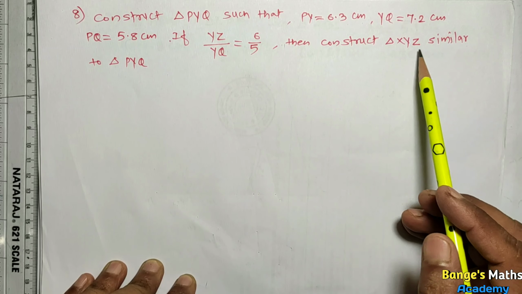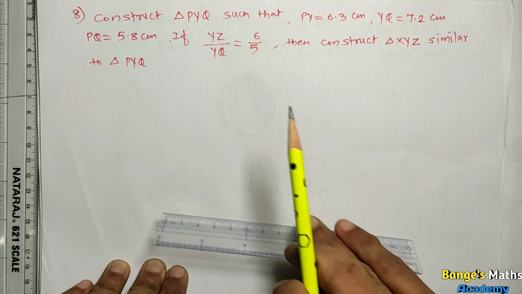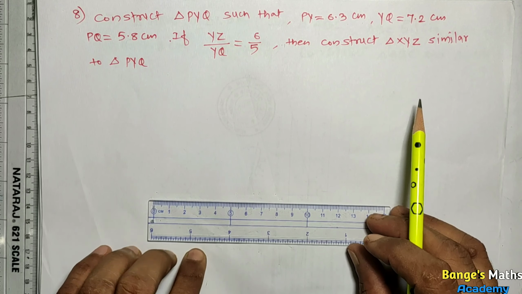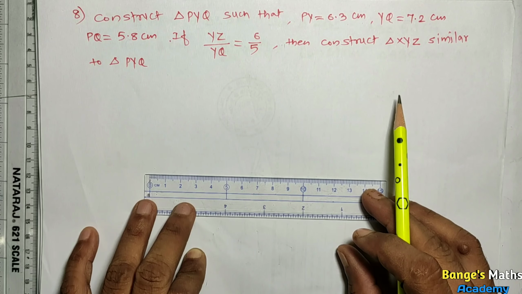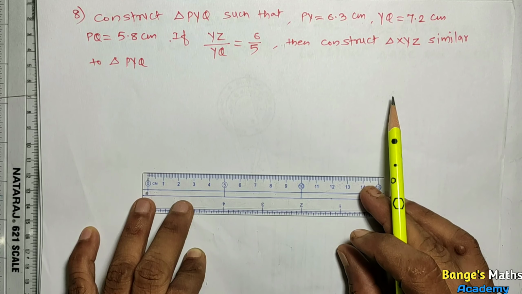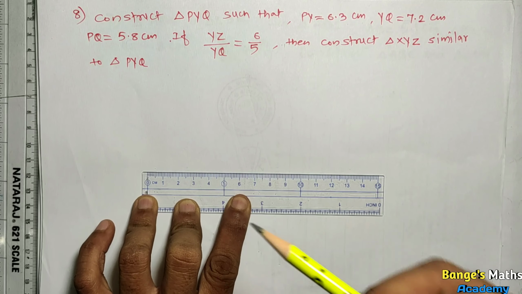In these two triangles, point Y is common. So, first of all, construct triangle PYQ from the given information. So, draw segment PY of length 6.3 cm.